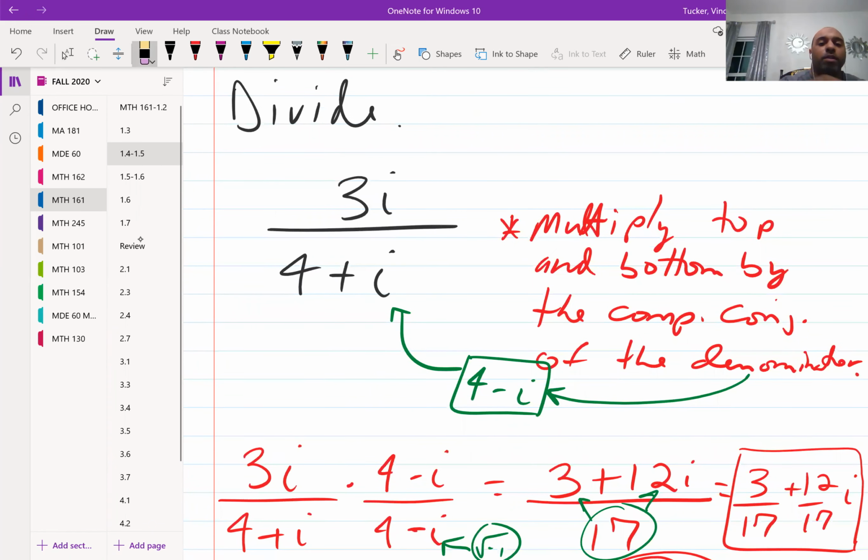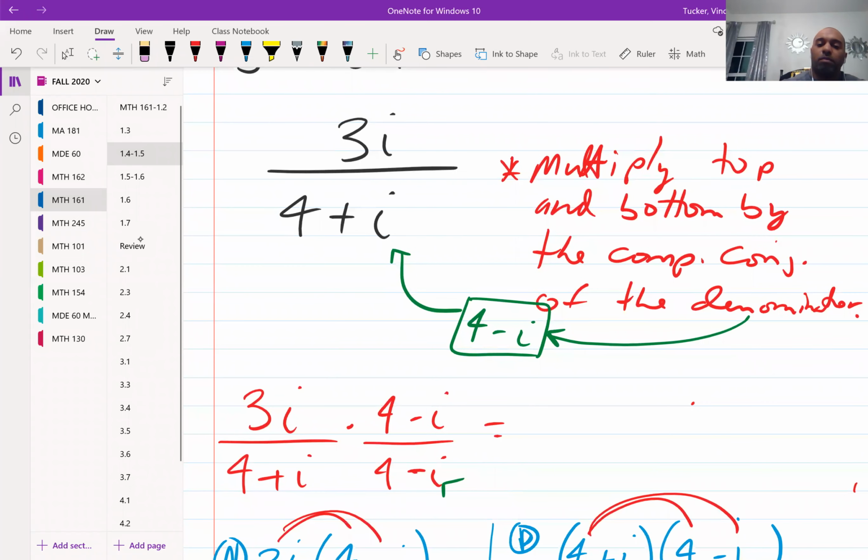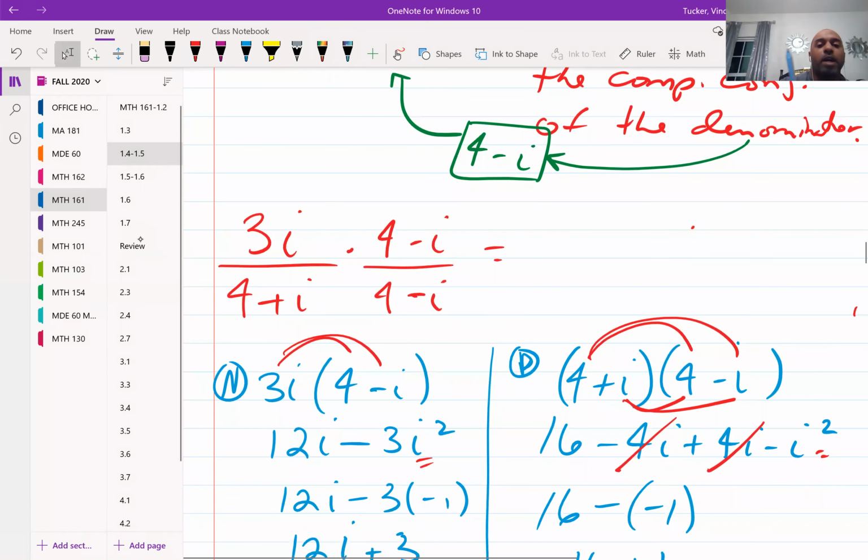All right, let me erase this. So 3i over 4 plus i, and we're going to multiply that by 4 minus i, top and bottom. That's what I did here. I'm going to look at the numerator first. So that's 3i times 4 minus i.